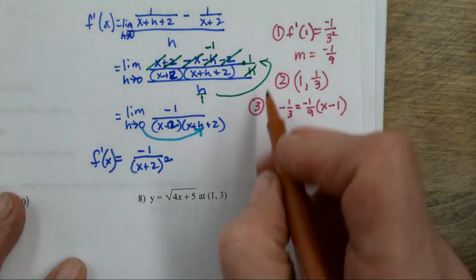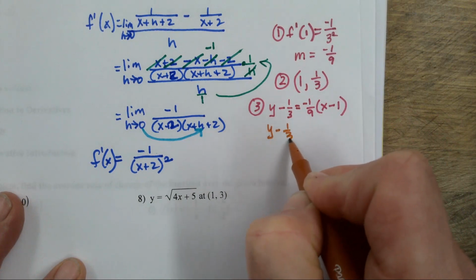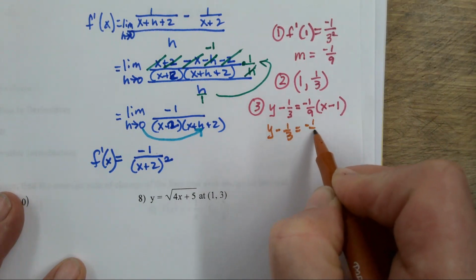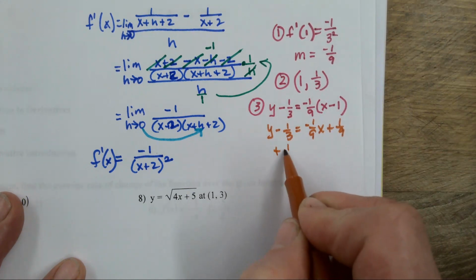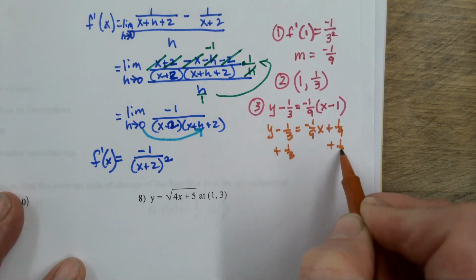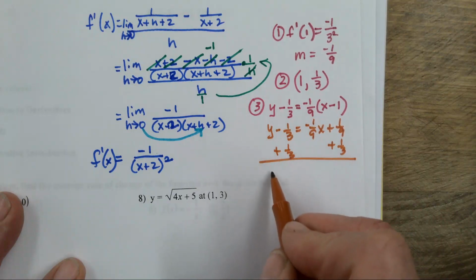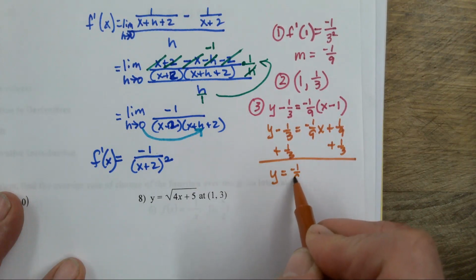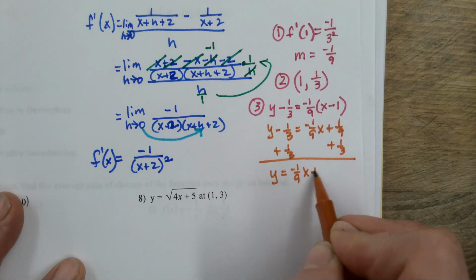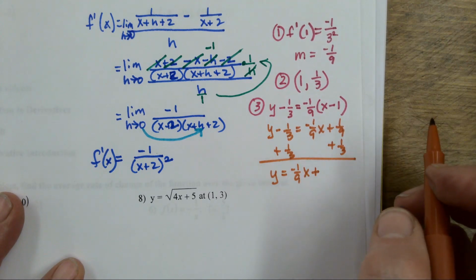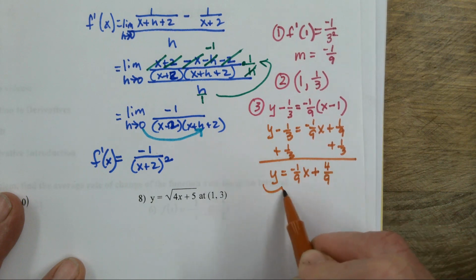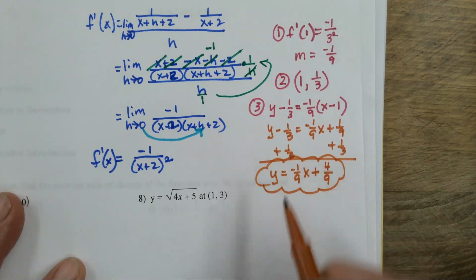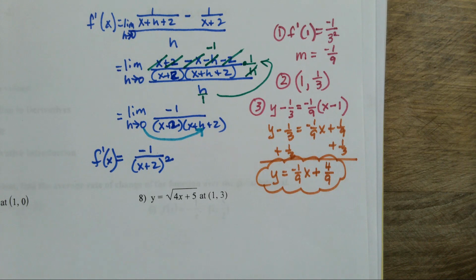So I am going to get it into y equals mx plus b form. And I just distributed my slope and got y by itself.